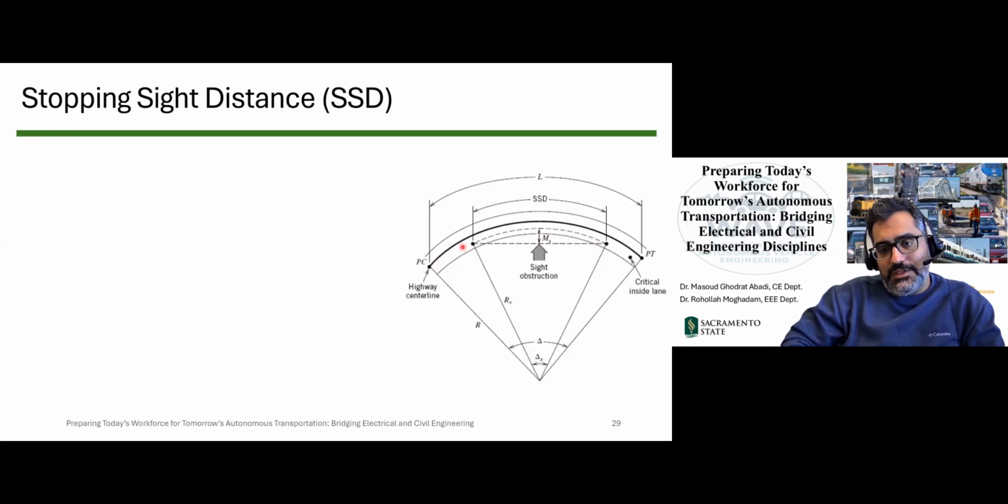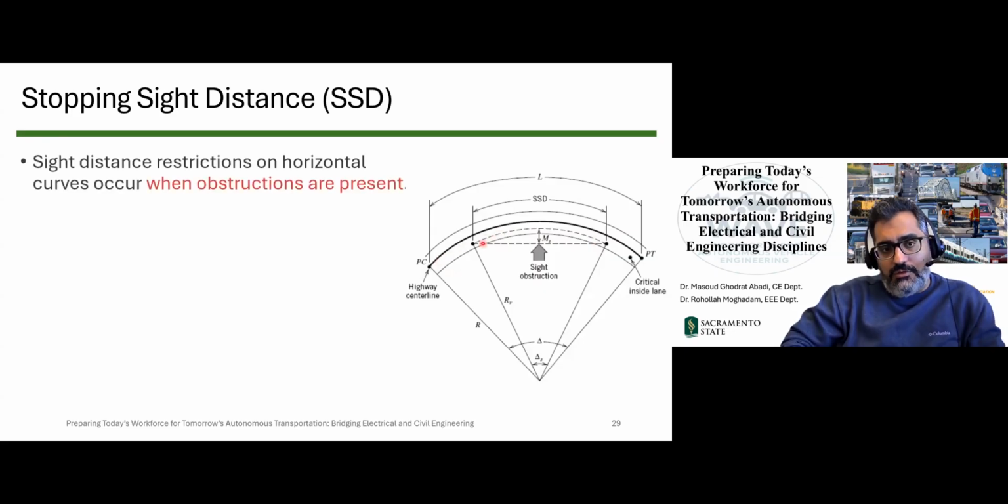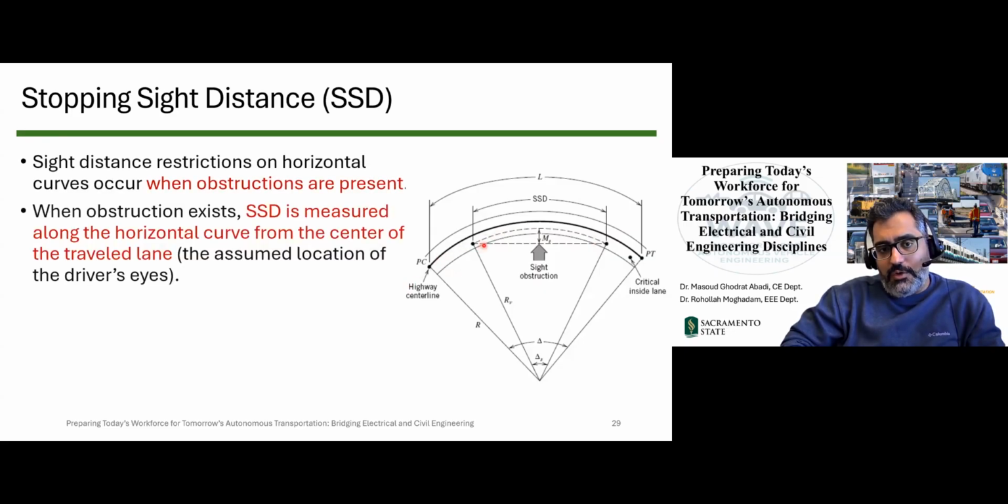Because this is now the critical lane, right? So if I want to find the obstructions, this is the critical lane. If you're on the other side, if you're on the other lane, you have a better visibility. You can use the road as a buffer to see the objects on the other side. But this way, the most inner lane, this is the critical lane to find a stopping sight distance.